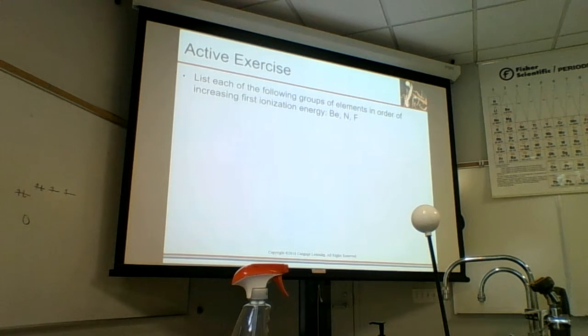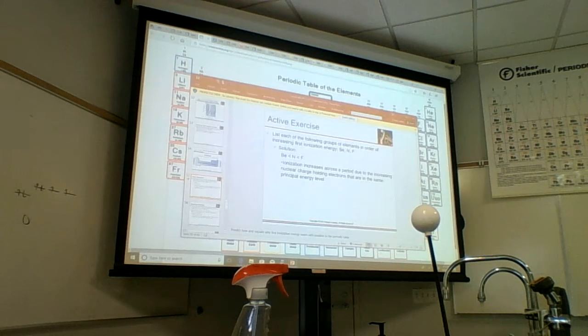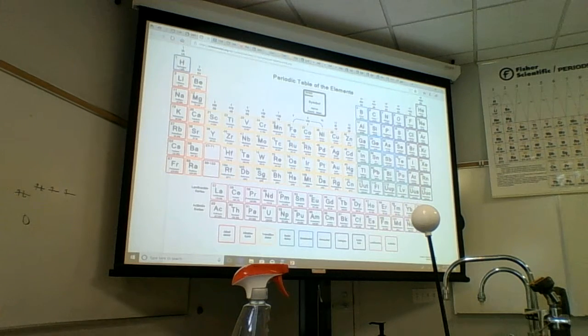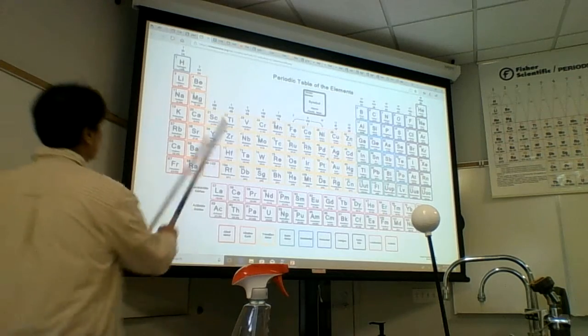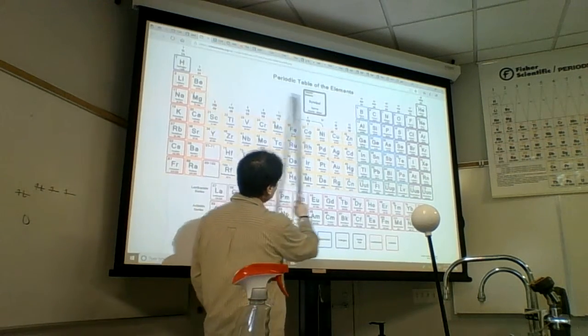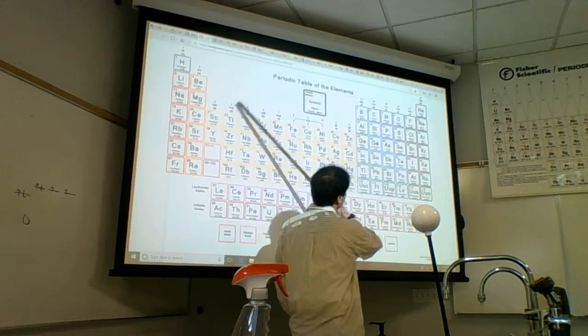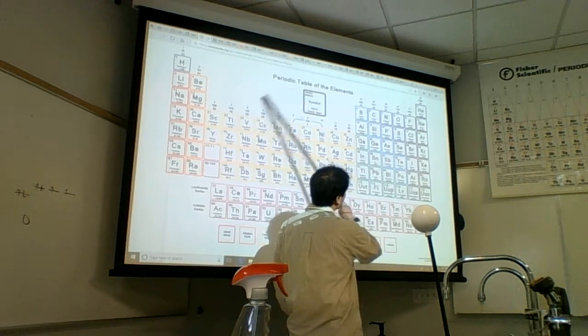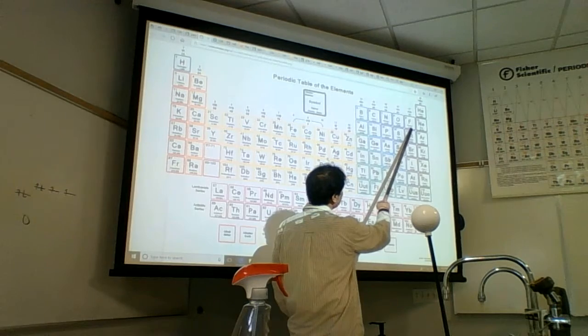Okay, which one's going to be the hardest to ionize? Beryllium, nitrogen, or fluorine? So let's take a look at the periodic table and see. As far as size goes, which one of these three is the smallest? Fluorine. Fluorine's going to be the hardest to ionize.